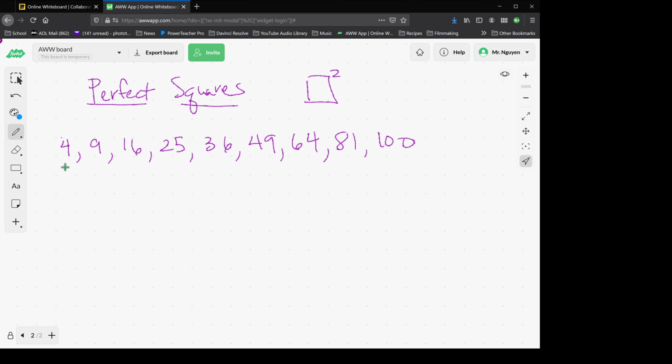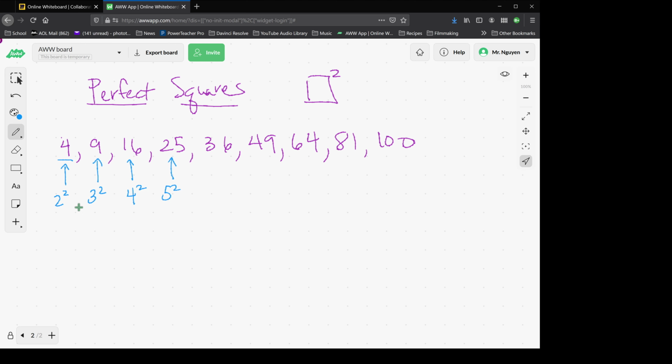These are perfect squares because 4 is 2 squared. So it's perfect, meaning there are no decimals, no fractions. It's just a nice, neat whole number. 9 is also a perfect square because that's 3 squared. 16 is 4 squared. 25 is 5 squared.